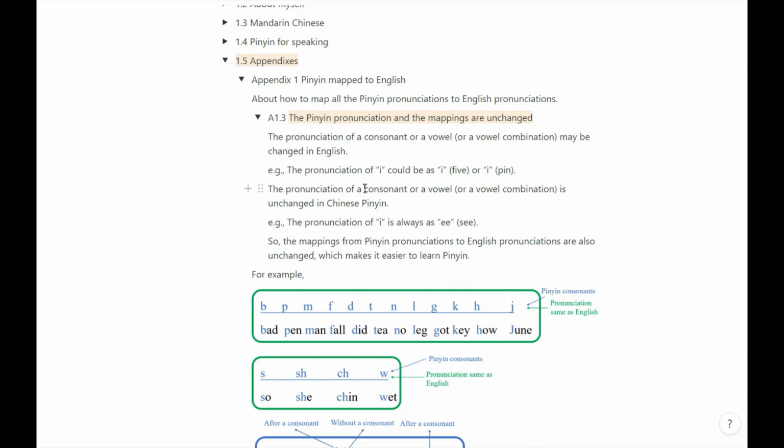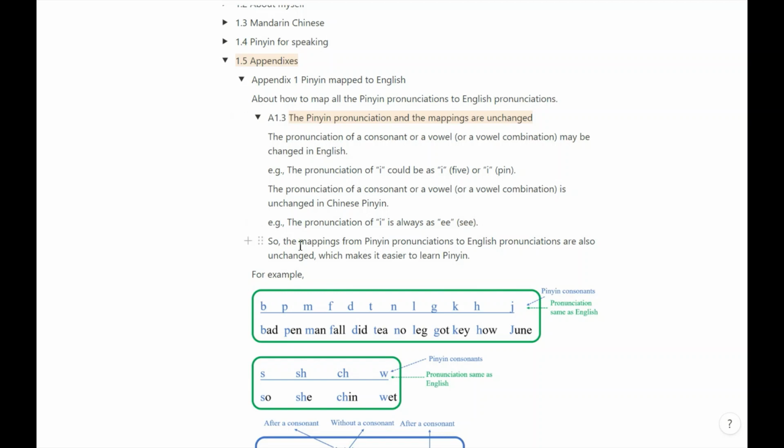The pronunciation of a consonant or a vowel combination is unchanged in Chinese pinyin. For example, the pronunciation of I is always as ee, e in the word see.